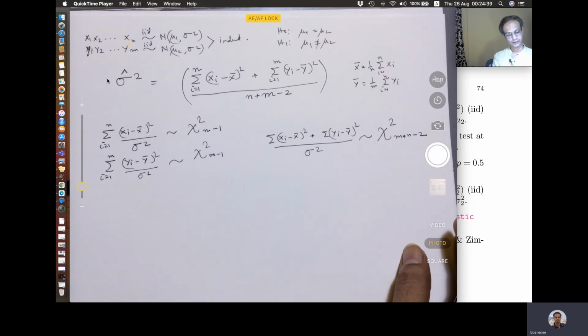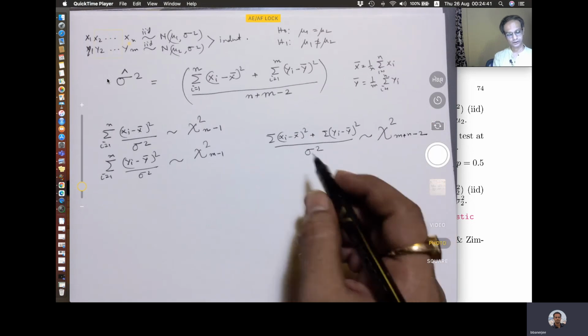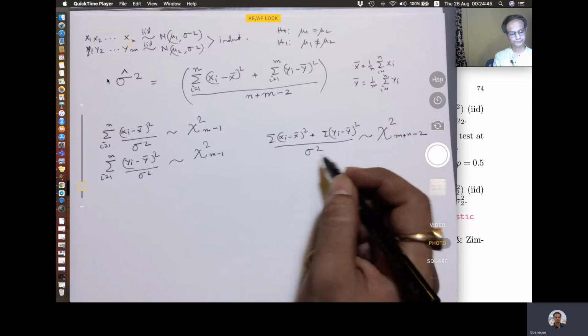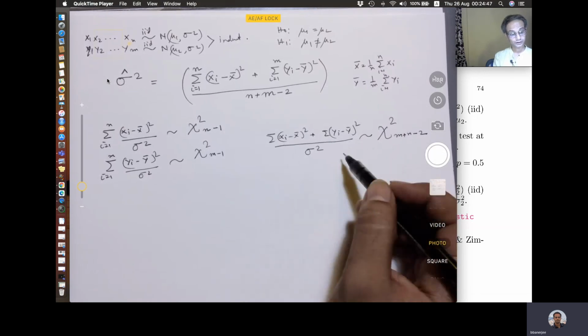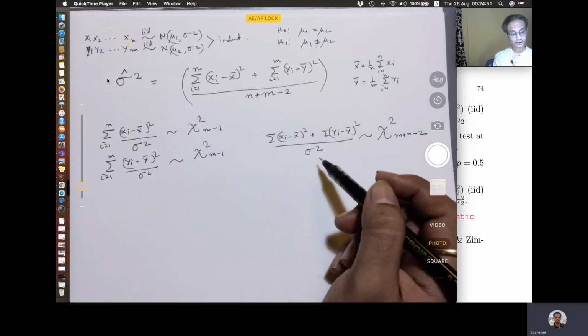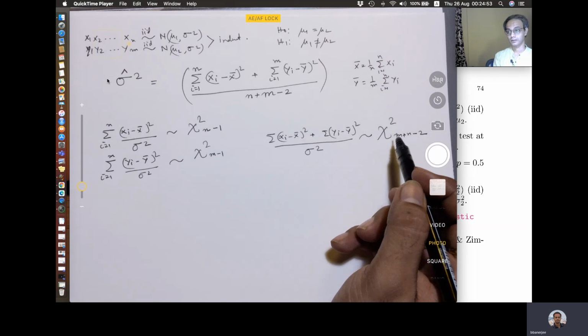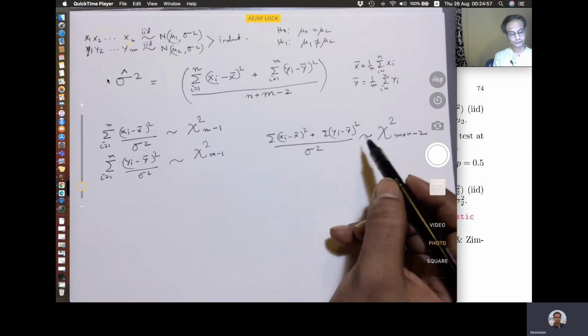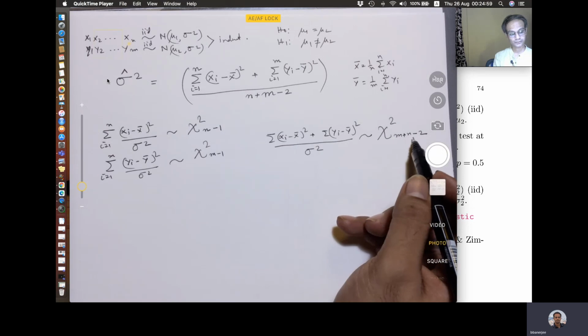Okay, so now if you take the expectation, this is chi-square m plus n minus 2.